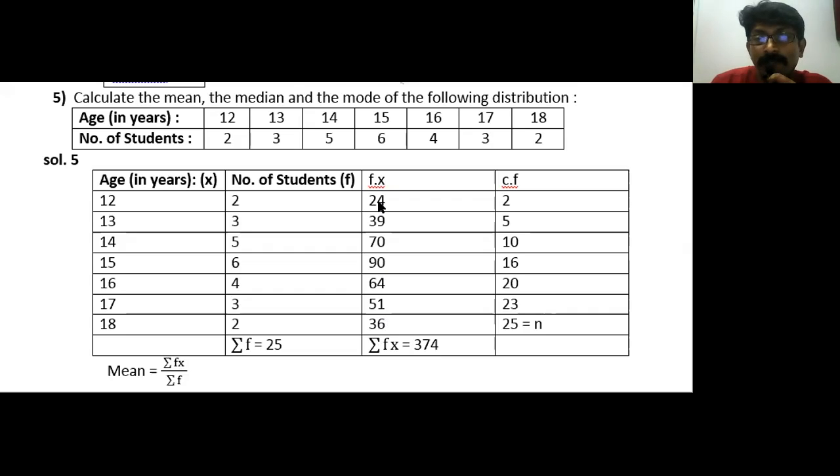So 24 plus 39 plus 70 plus 90 plus 64 plus 51 plus 36, we will add, and you're going to get 374. Now students, one more thing to notice over here. Remember this, even if I am teaching online, I should tell you all these things. Write unit digit below unit digit and tens digit below tens digit.